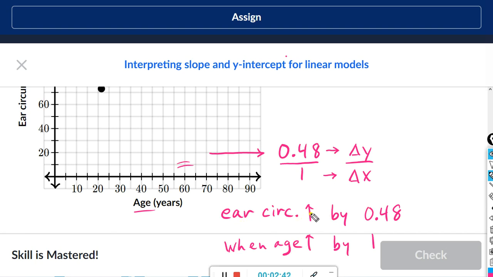So ear circumference increases by 0.48 when age increases by 1.